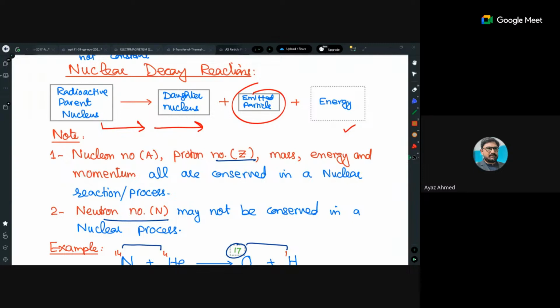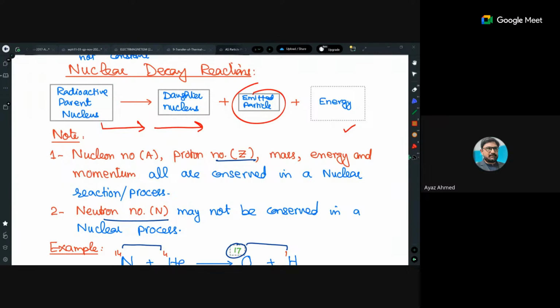So every decay has a specific property, but generally there is a situation we have to discuss. If we are going to represent a nuclear decay equation, that equation should have some nuclide notations, and those nuclide notations must have the nucleon number A and proton number Z. These two should be in the nuclide notation.